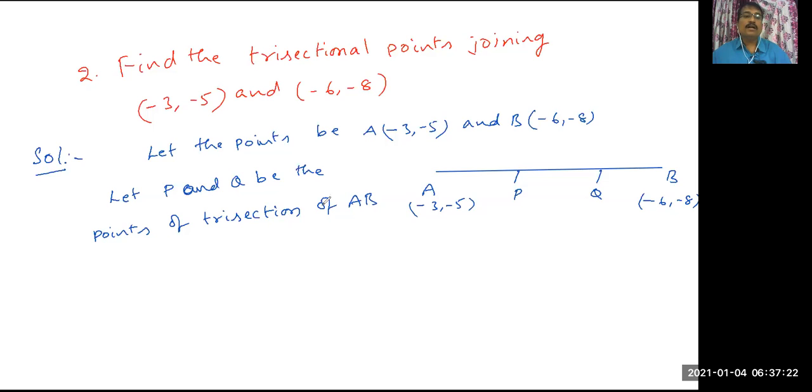Here I am taking A as -3 comma -5 and B as -6 comma -8. So AP is equal to PQ is equal to QB, one third of AB. Okay, that's it. So therefore the coordinates of P, x y. For a trisection point, the first point is 1:2 and the second point is 2:1, or the first point 2:1 and the second point 1:2, whatever it may be.